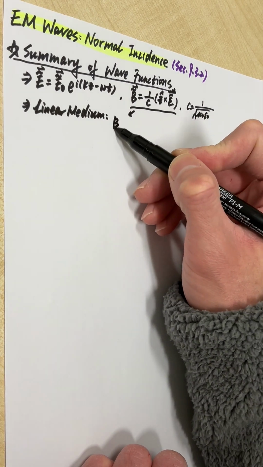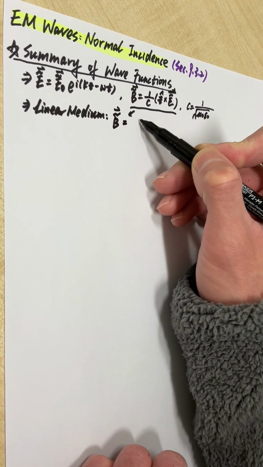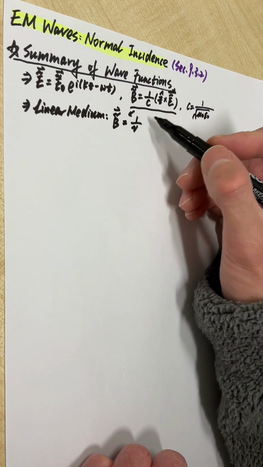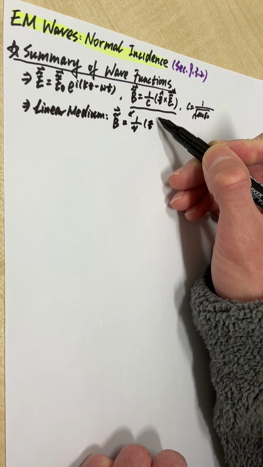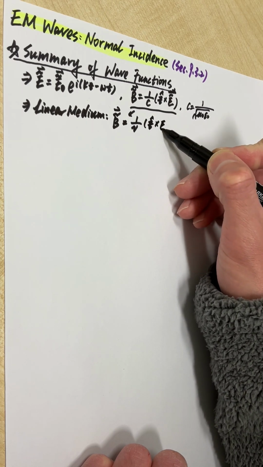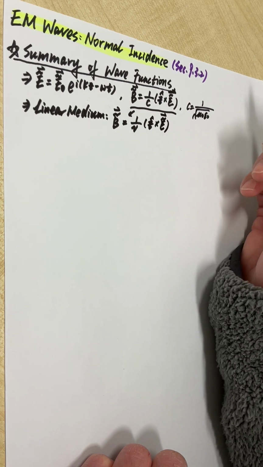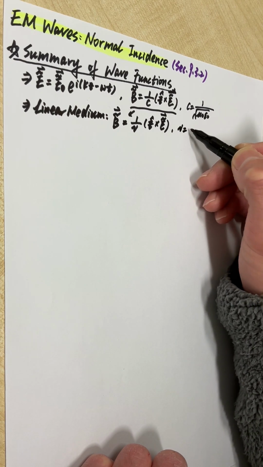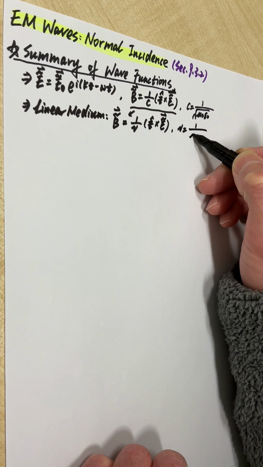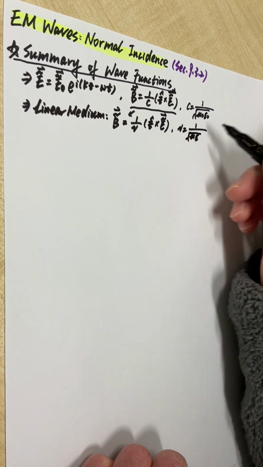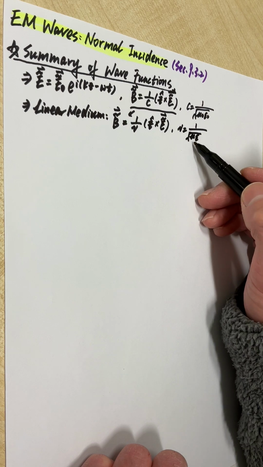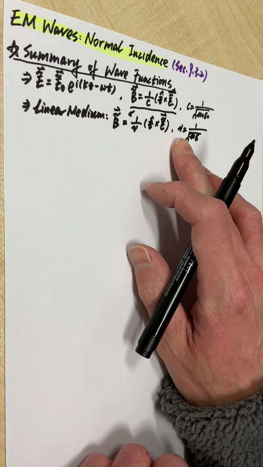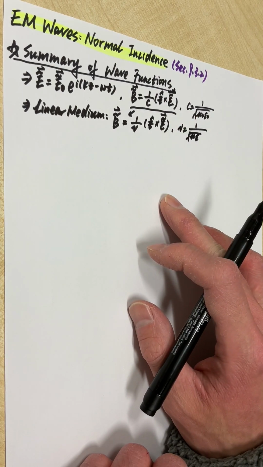Here we have the magnetic field equal to 1 over the speed of the wave in that linear medium, and still the propagation direction crossed with the E field. The speed here equals 1 divided by the square root of mu times epsilon. The permittivity and permeability of different materials are going to be different, so normally the speed in a linear medium is slower than the speed of light.